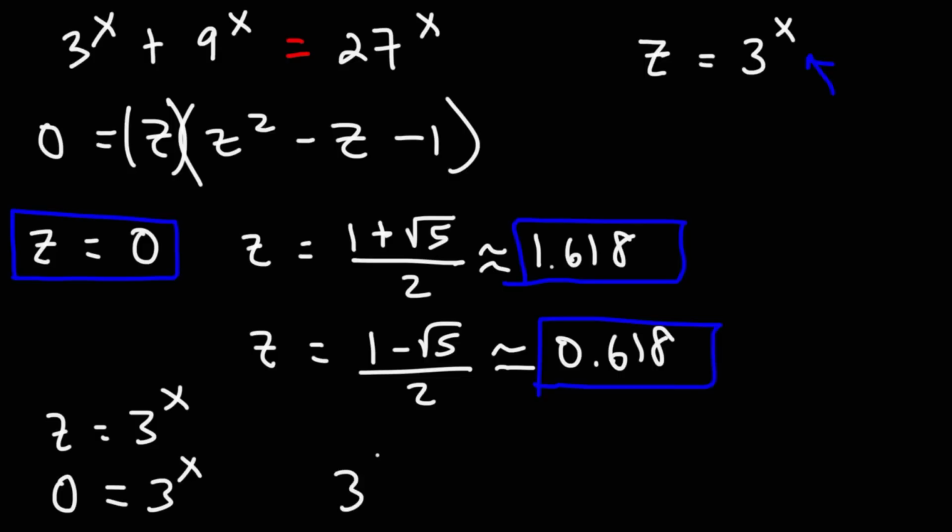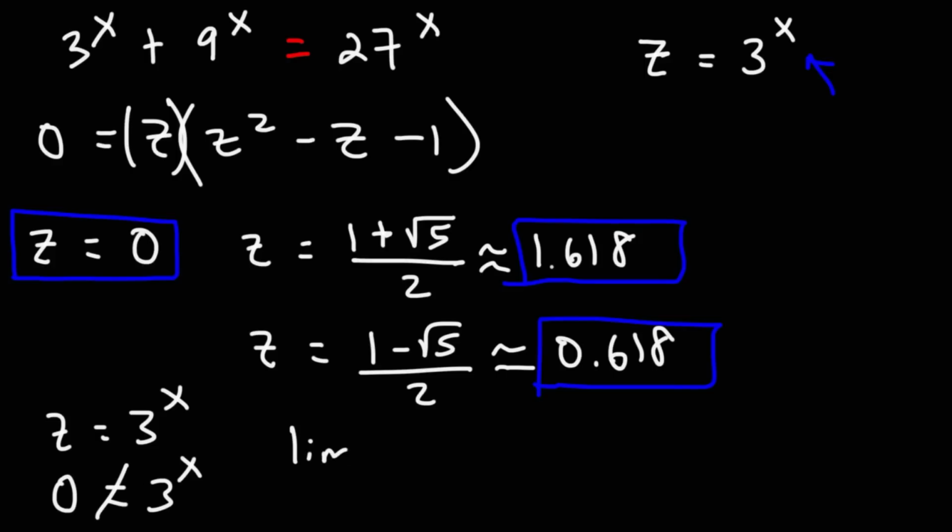If you plug in a large negative number, let's say 3 to the negative 1000, it won't give you exactly 0, but something very close to 0. It may be like 0.000000, goes on for a long time, and then 1. So this is just not going to happen.